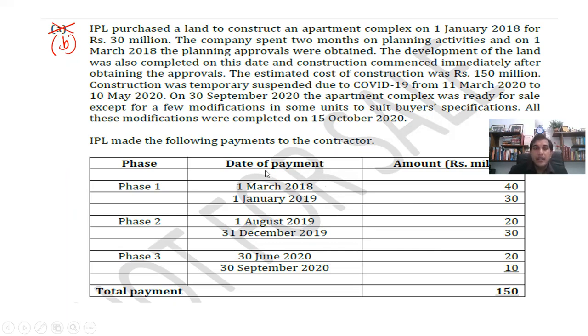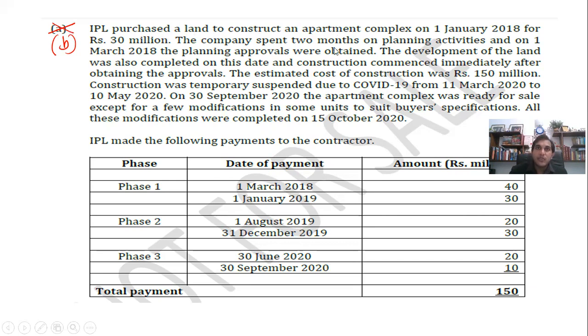Okay, let me read. IPL purchased a land to construct an apartment complex on 1st of January 2018 for 30 million. First they have purchased a land to construct a building on 1st of January 2018 for 30 million. This is the land value.